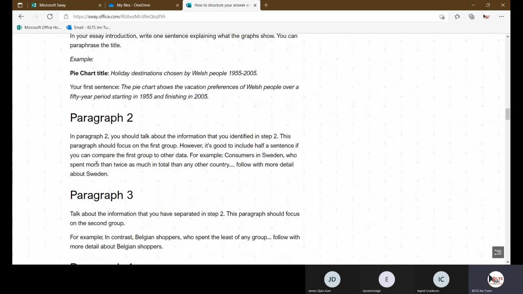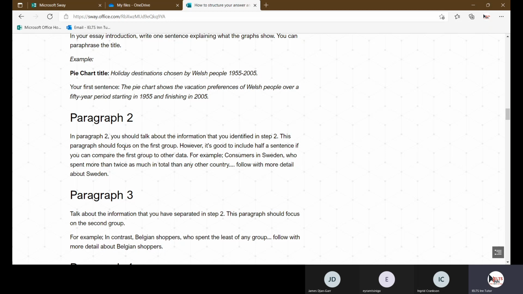We're on the second paragraph. The second paragraph should be your overall statement or your general impression. So in general, what do you see? What's the trend, or is there any difference in places where you compare, let's say, pie charts? Are there any similarities? Is there any difference between them? You have to state it here. In paragraph 2, you should talk about the information that you have identified in step 2.